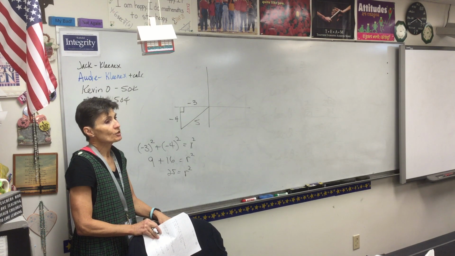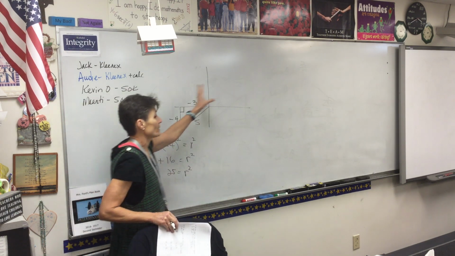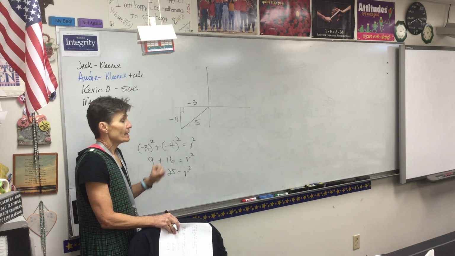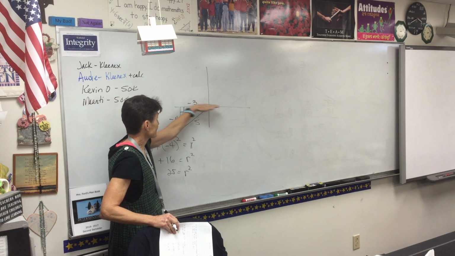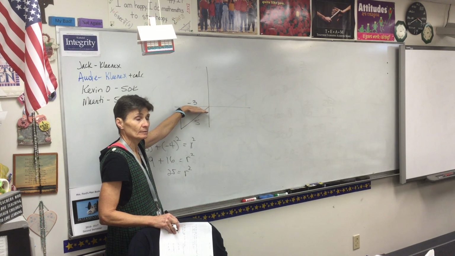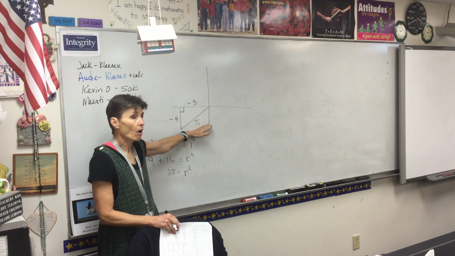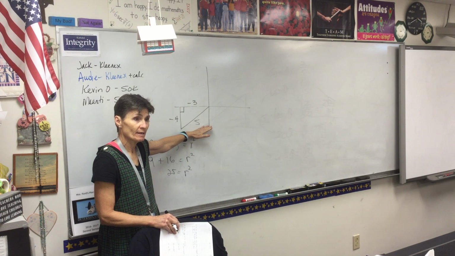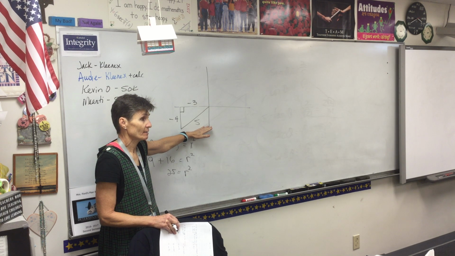When you draw your triangle, depending on the quadrant that you are in, it is perfectly okay for the x side, the x-axis side, to be negative. It's okay for the y to be negative, but R will always be positive. The hypotenuse will always be positive.